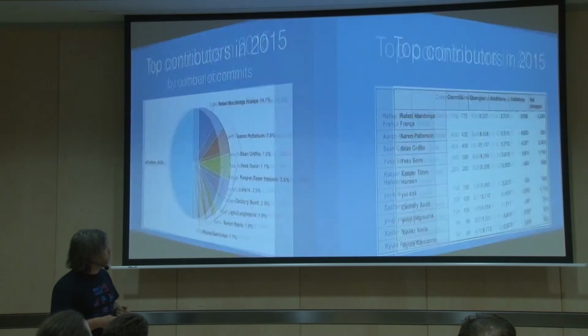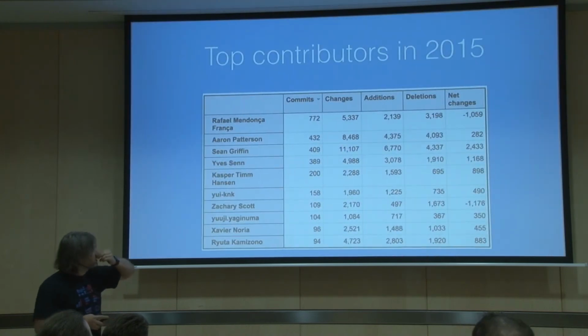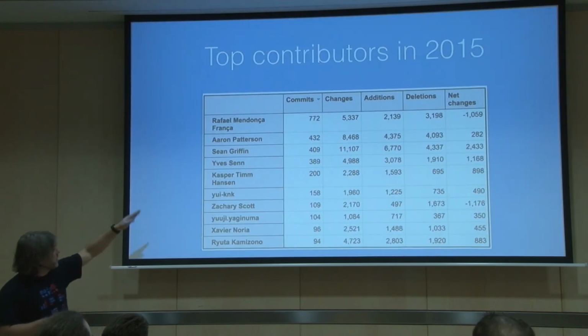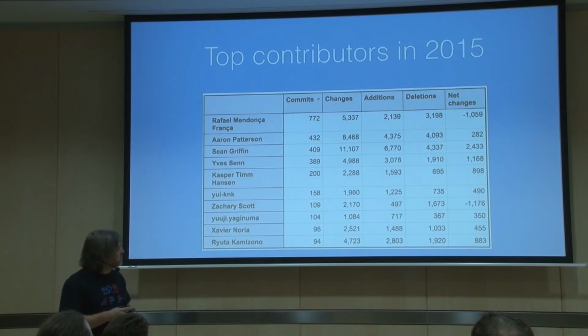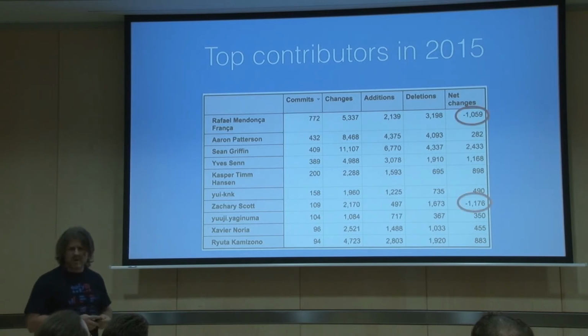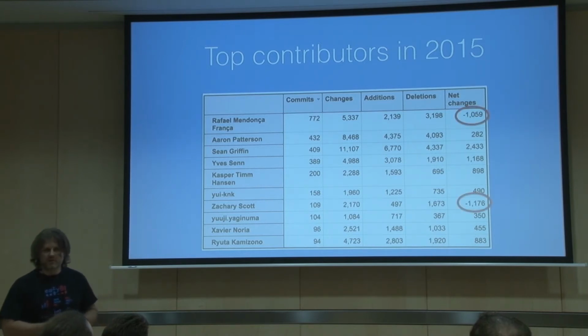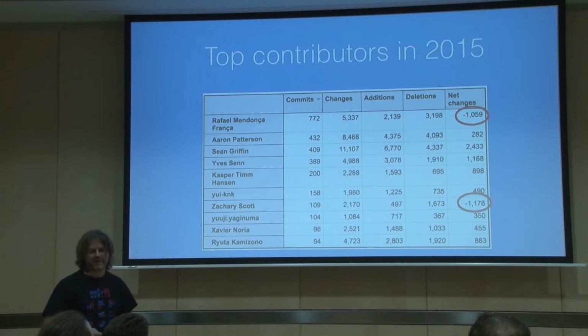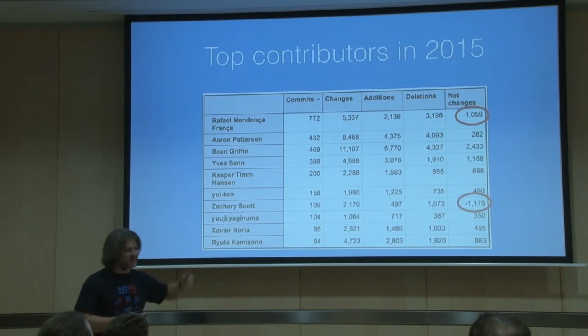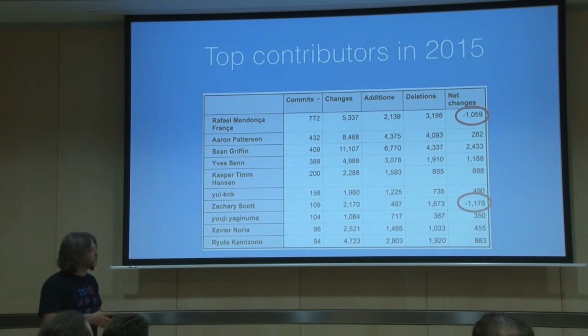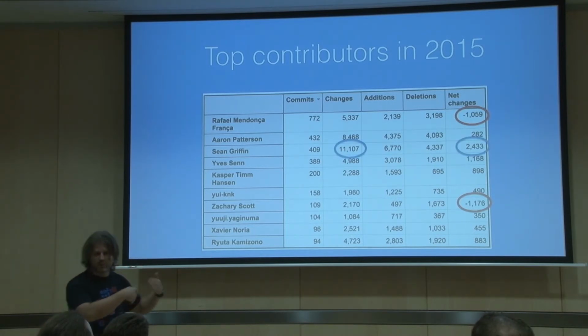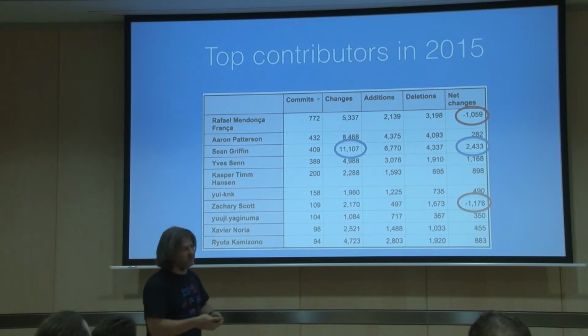But let's look in more detail at who these persons are. I sorted them by number of commits. But then I noticed some other things, that actually some people are doing bad things. They are deleting more code than adding, so their net contribution is negative. So probably they should stop contributing, and maybe we just need to praise those who are making a net positive contribution.